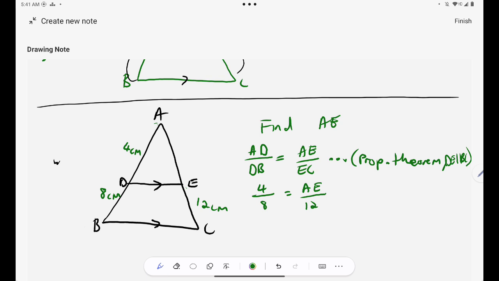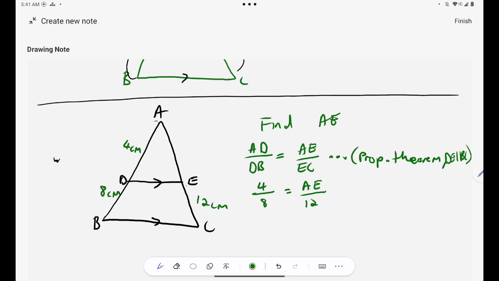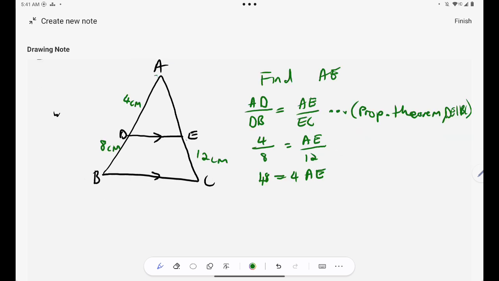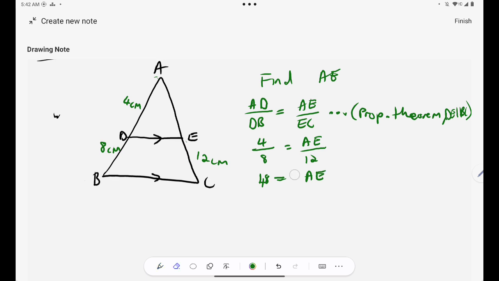Are you together? And then all I need to do is to just cross multiply here. I will have 4 times 12, which is 48, is equal to not 4 times rather, but 8 times AE, because I've cross multiplied here.